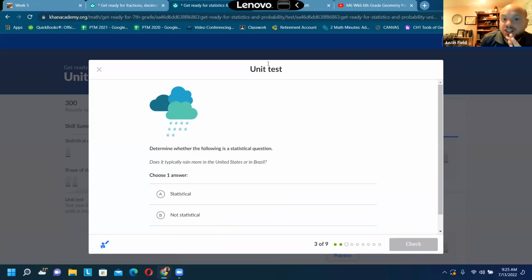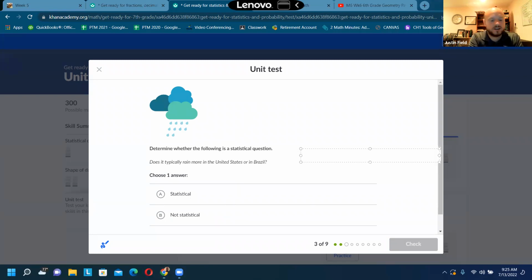Determine whether each question is statistical or non-statistical. Statistical means you can use that question to gather data, more than one answer.